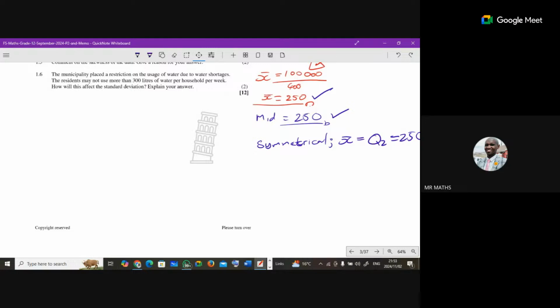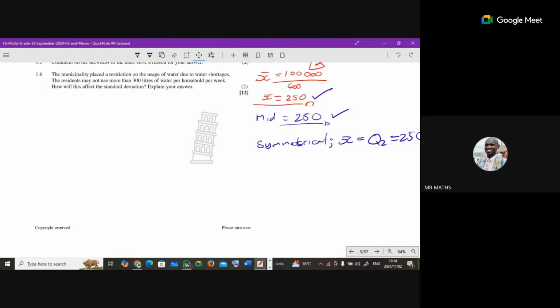Is the standard deviation going to change or not? I think it's going to change. Why? Why will the standard deviation change?